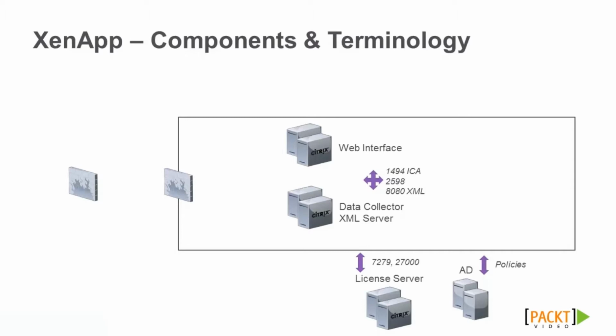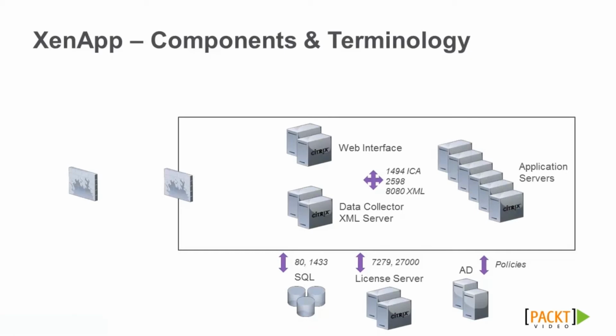The XML server queries the server farm for a list of published applications that the user has permission to access. The database server, or data store, is the database that contains information about published applications, users, printers, and servers. The XenApp worker servers, or application servers, are the servers that host the applications.